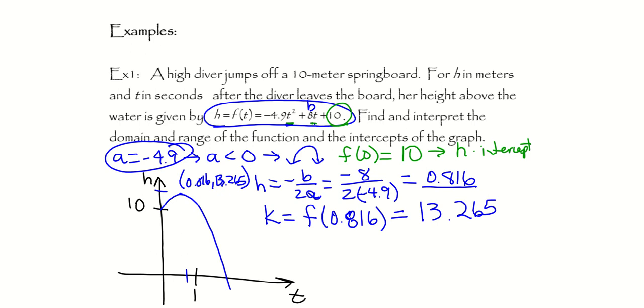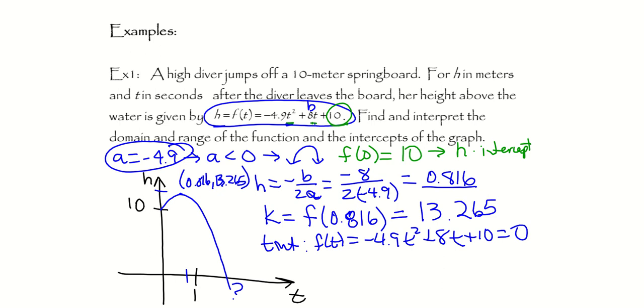So the question I have is, where does it cross the t-axis? I'm going to find my t-intercepts by setting my quadratic f of t, negative 4.9 t squared plus 8t plus 10, equal to 0 and solving that.